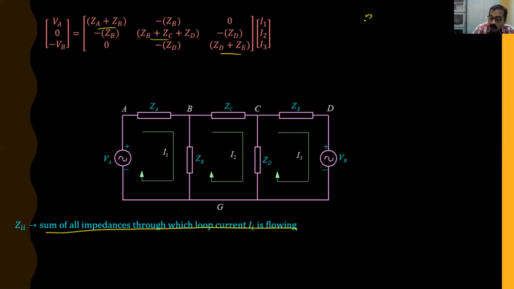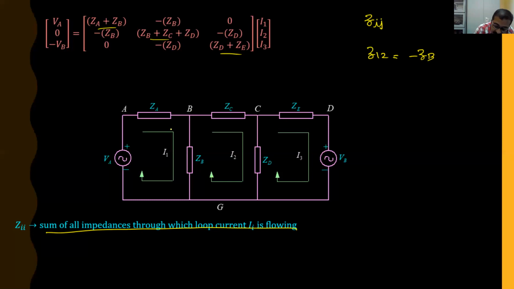Now what next? The off diagonal elements. Zij means the sum of all impedances common to loop currents Ii and Ij. For example, what is Z12? Z12 means impedances common to 1 and 2, which is ZB. Now you see the current direction. I1 is from top to bottom, I2 is in the opposite direction. So it should be minus ZB. If the current directions were in the same direction, then this would have been plus ZB.